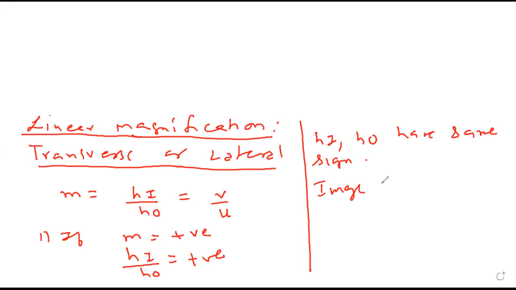Image is erect and virtual. So first case, if m is positive, then image is erect and virtual. With proper sign convention, when you are using this, object is always on the left hand side. So this is the general formula.